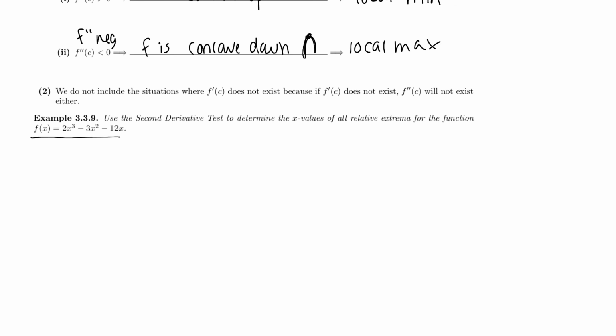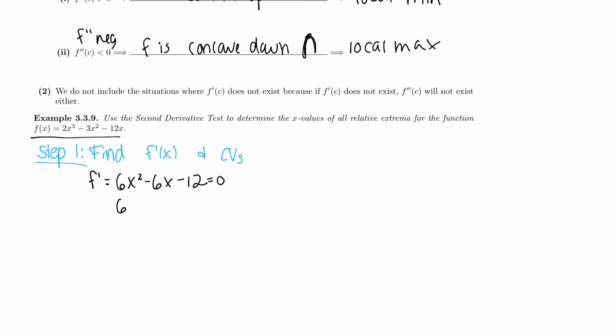We have our function here, so we're going to do the first derivative and find the critical values. f prime here would be 6x squared minus 6x minus 12.